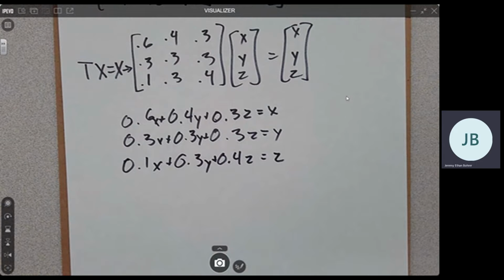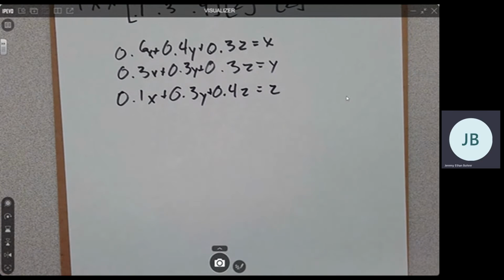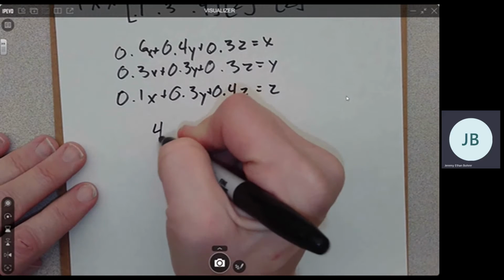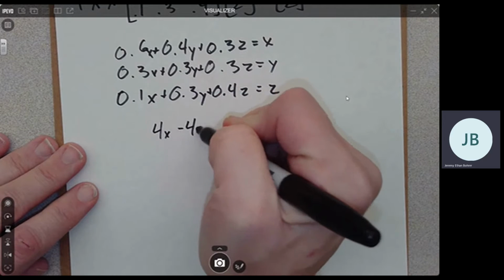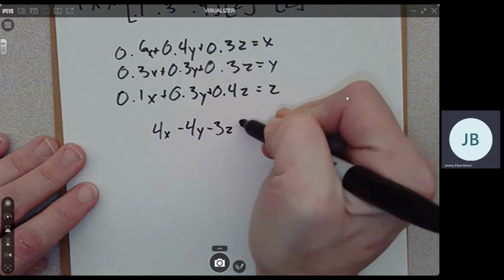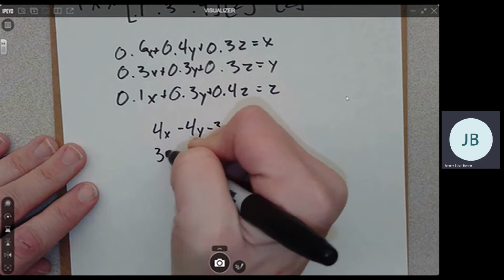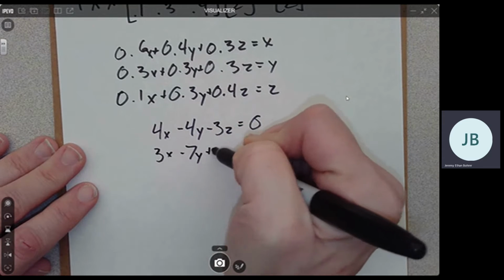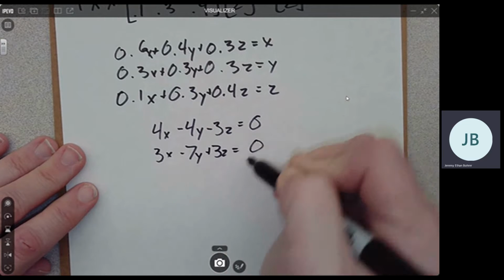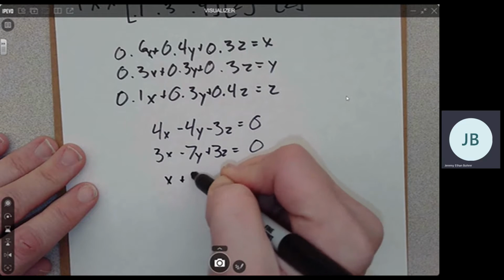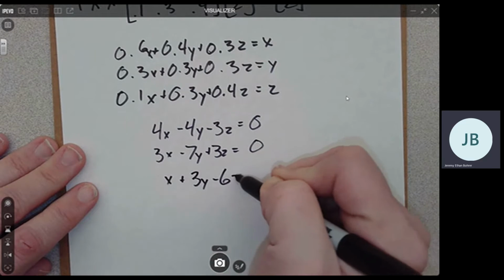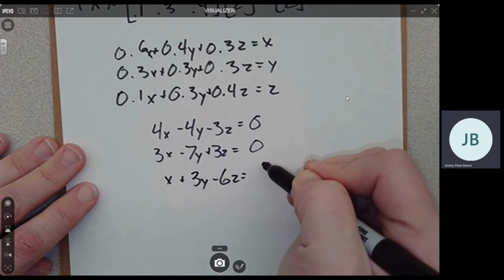But that is equivalent to this system of linear equations: 4x minus 4y minus 3z equals 0. 3x minus 7y plus 3z equals 0. And x plus 3y minus 6z equals 0.